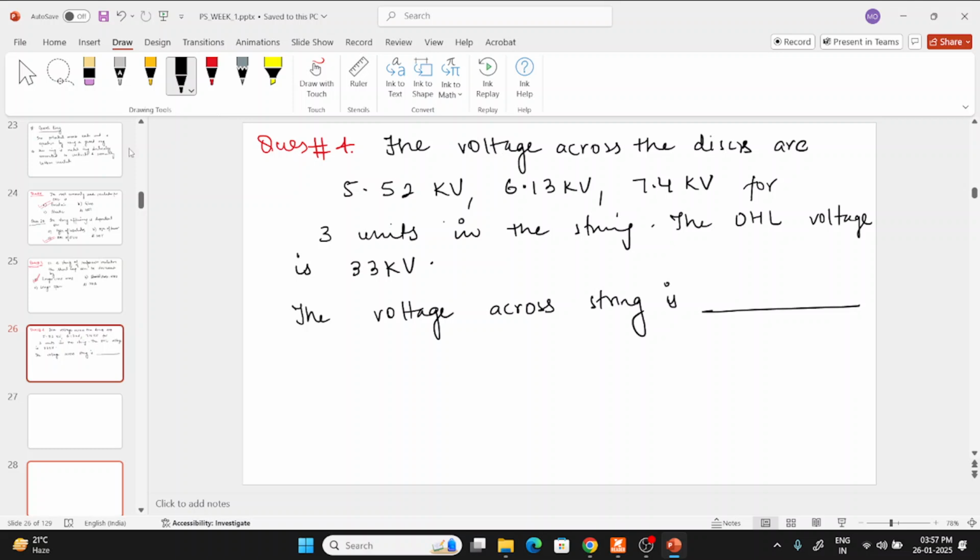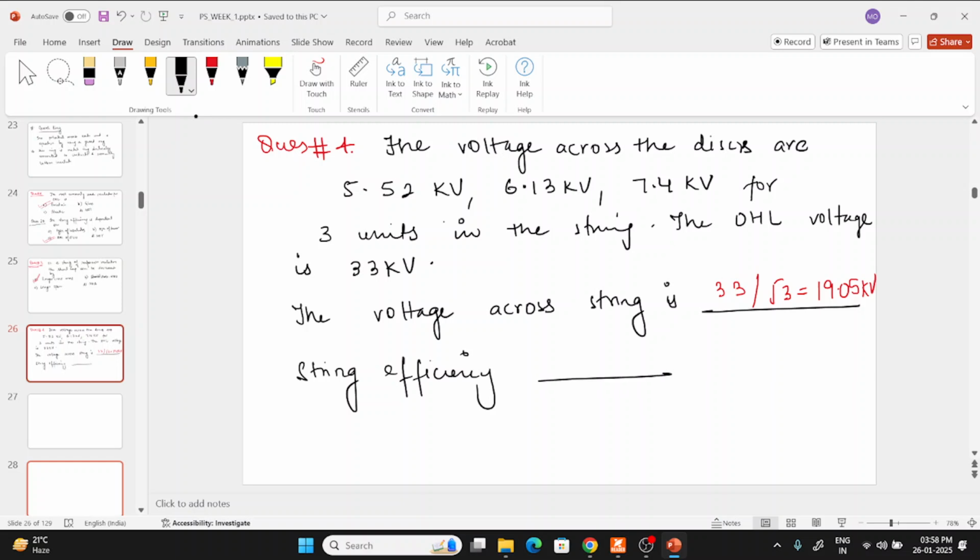Yes. So the voltage across the string is just the same. It is the voltage across the phase, which is phase voltage, which is 33 by root 3. If we calculate, it will come out to be 19.054. Okay. Now the string efficiency, you have to give.